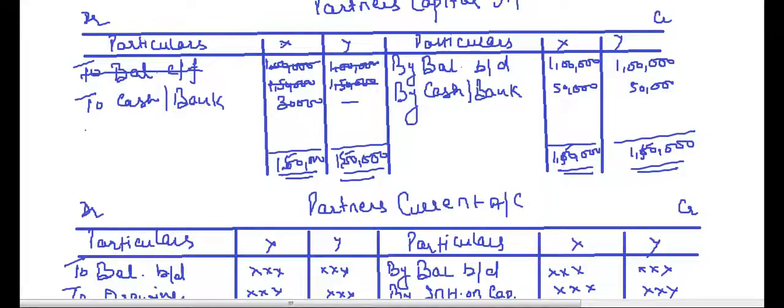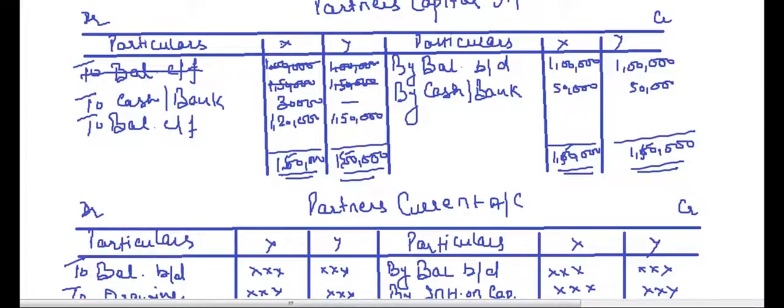So what will be the balance that will be carried forward? X introduced 1 lakh as capital, then 50,000 as additional capital, and then decided to withdraw some part of his capital, that is 30,000. What is the capital left for X? 1,20,000. And for Y, it remains 1,50,000.